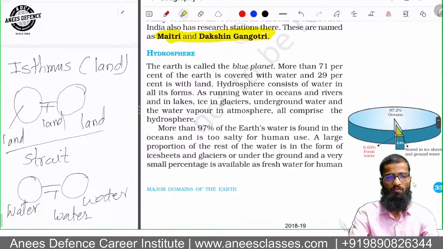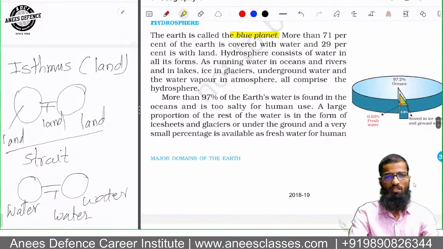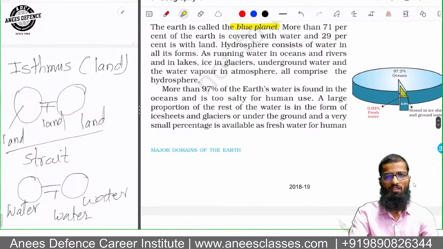Okay, let's read about the hydrosphere. The Earth is called the blue planet. Remember this, Earth is called the blue planet, with more than 71% of the earth covered with water and 29% with land. More than 97% of earth's water is found in the oceans and is too salty for human use.